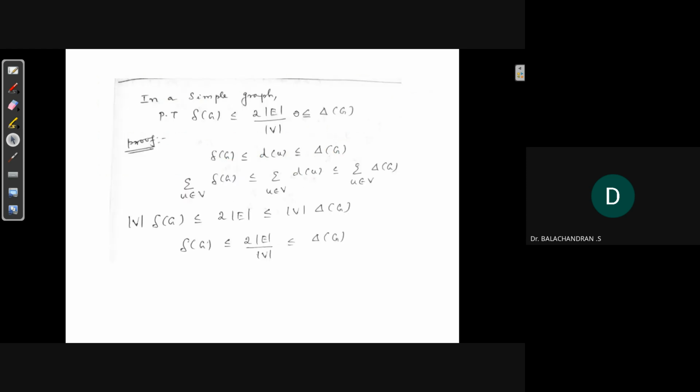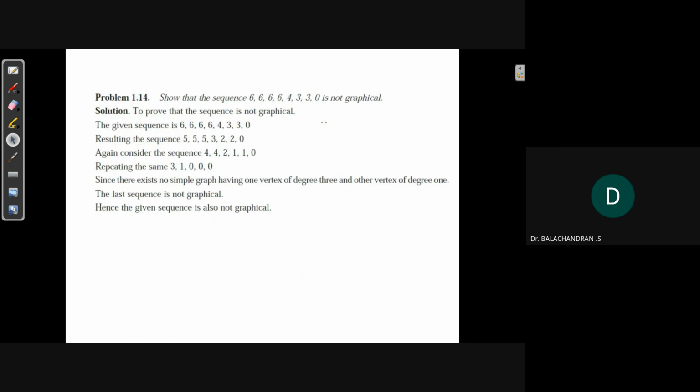So I think this problem we discussed last class, so I'll skip this one. Delta of G less than or equal to 2 times cardinality of E by... actually, instead of this I proved delta of G less than or equal to 2q by p less than or equal to capital delta of G. So 2q by p lies between small delta and capital delta.